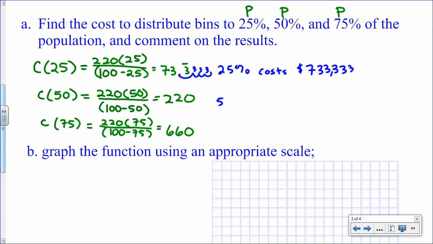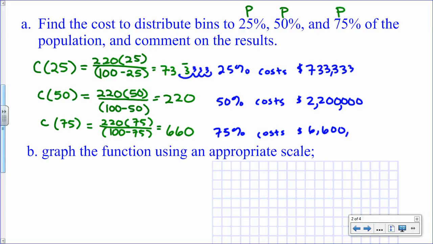Okay, so 50% cost is $2,200,000, and 75% cost is $6,600,000.